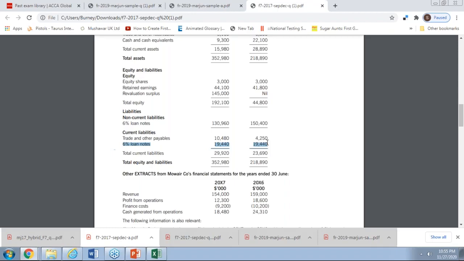So 19,440 is the amount that the company has to maintain in order to pay off the liability. The second most important thing is the company has to pay a minimum interest of 9,200. So on an overall basis, your liability is 19,440 plus 9,200, approximately 27 to 28,000 roughly, the figure that you have to pay for the loans.